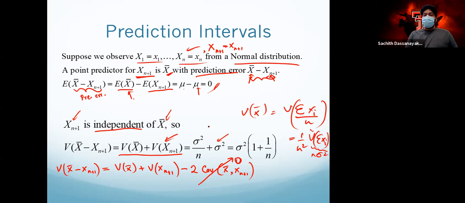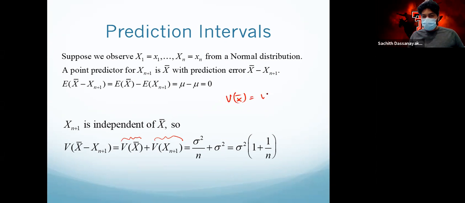So we can simplify it a little bit. X bar is the summation of xi over n. Once you simplify this, you get 1 over n squared times the variance of the summation of xi.